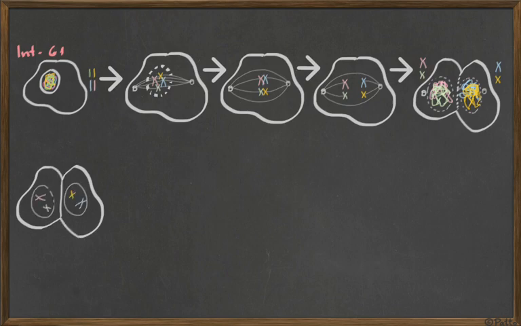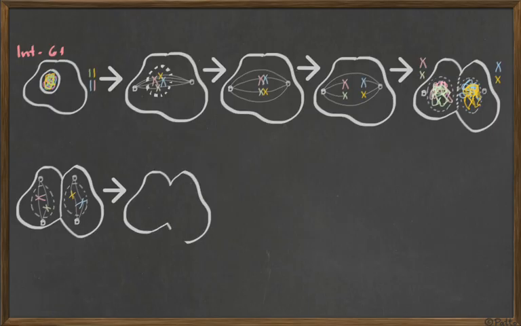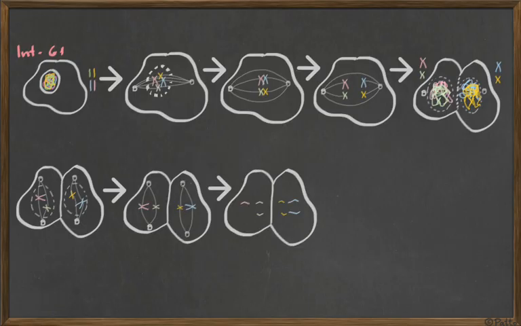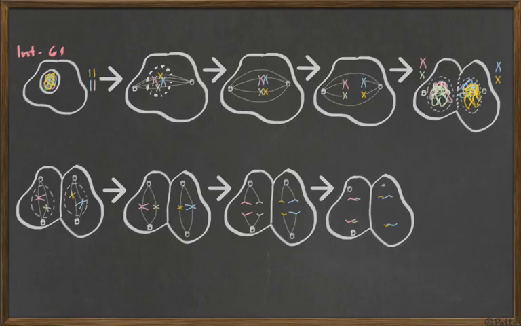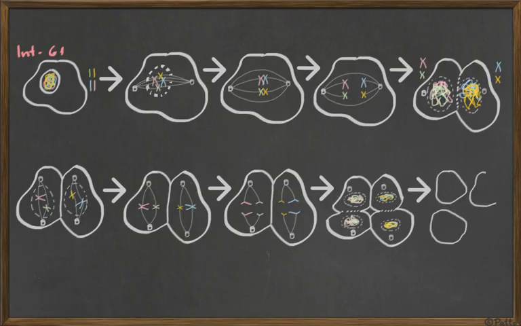Now we have prophase 2, where the nuclear envelope disappears again, the spindle is formed, and chromosomes supercoil, then align around the equator, and the sister chromatids are separated. In telophase, the nuclear envelope is rebuilt, the spindles disappear, the chromosomes uncoil, and cytokinesis occurs. In this process, we end up with 4 cells that are half of the original cell. You had a cell with 4 chromosomes, now you have 4 cells with 2 chromosomes each.